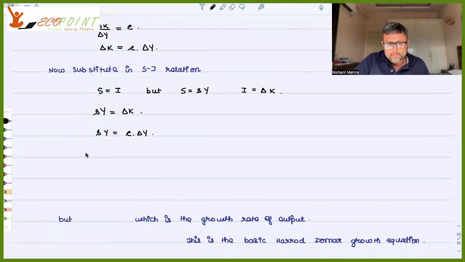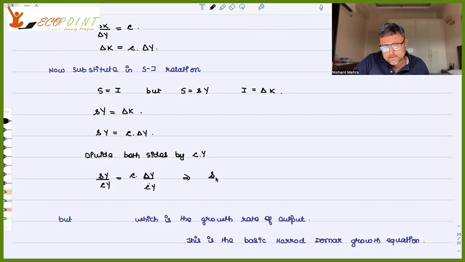So I can divide both sides by cY. So what you have is s upon c is equal to delta Y by Y. That's what it is.